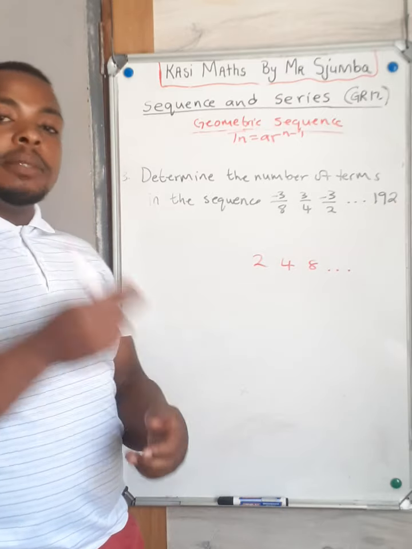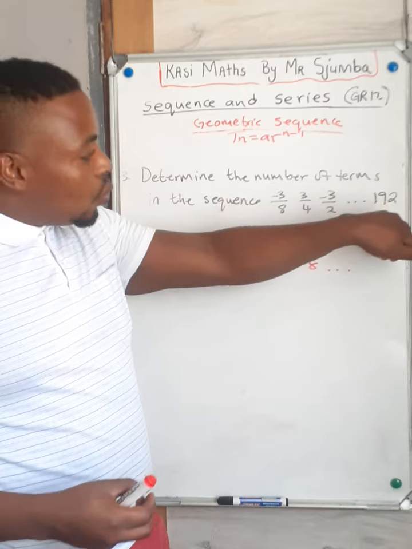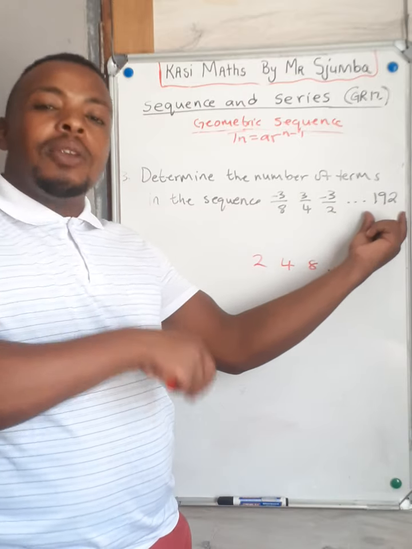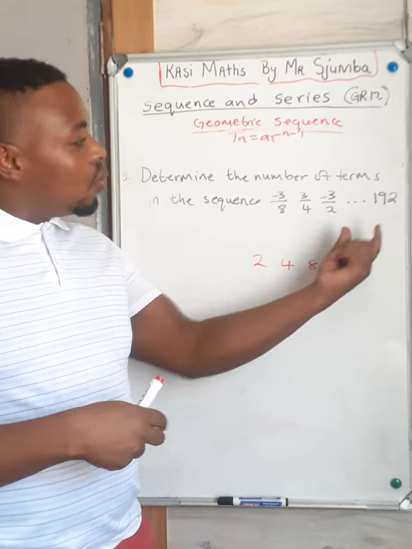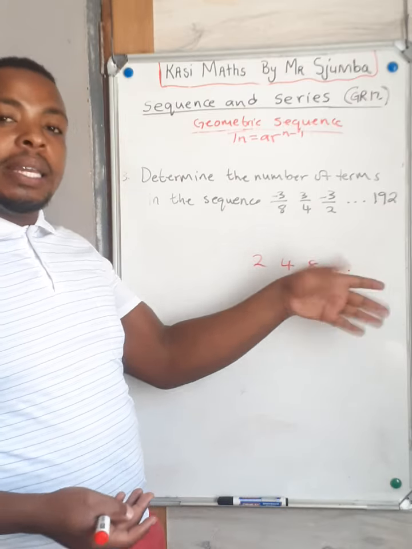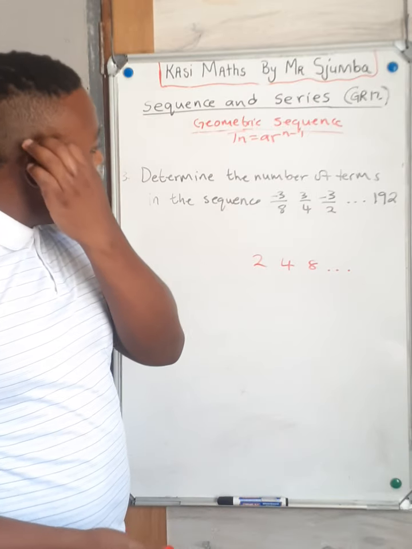Terms always start with 1, right? If 192 is the last term, and you get its position, that tells you how many terms there are. If 192 is term 30, it means there are 30 terms. So let's find out the position of 192 starting from term 1.